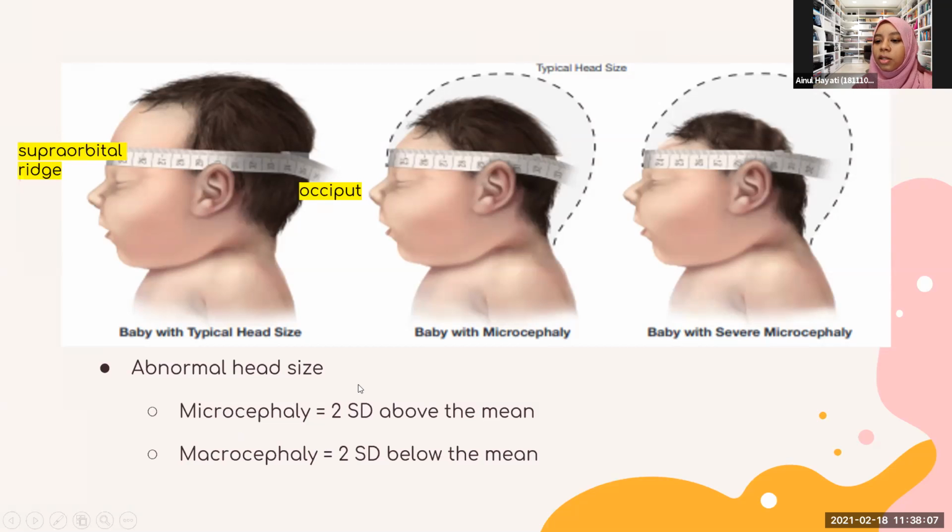If it is 2 standard deviations above the mean, it is macrocephaly, where the baby has a big, abnormal head. If it is microcephaly, it is smaller than the typical head size. It is 2 standard deviations below the mean. Okay. I'll correct this later.